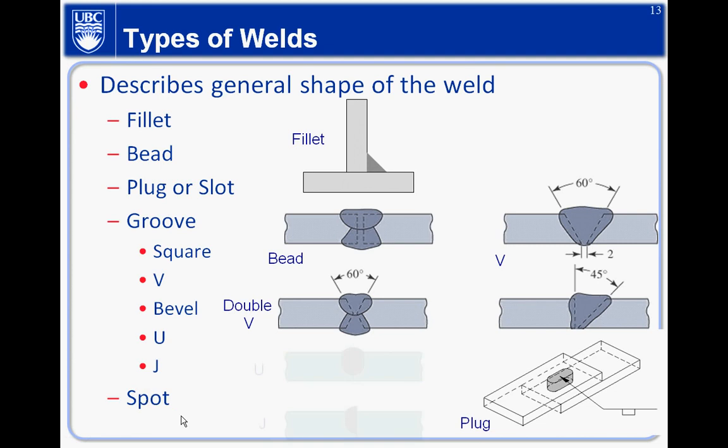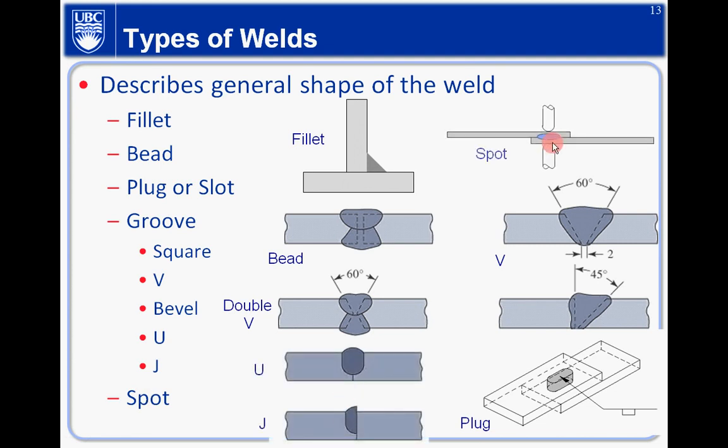Spot weld is like this. Spot weld is very commonly seen in the automobile manufacturing process, particularly in joining the automobile bodies. It doesn't use any filler material.